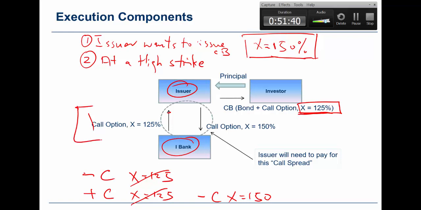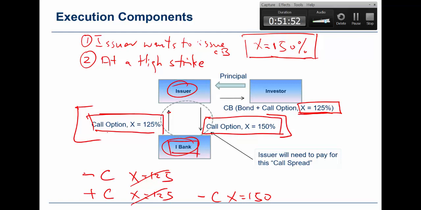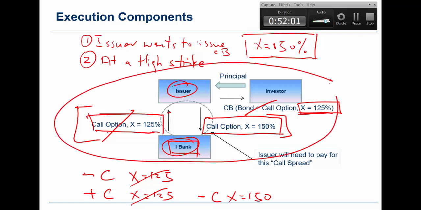And the call spread is this one here, where you buy this option, but you sell this one, and you trade that with an investment bank. So when you look at the entire picture, when you add everything up, this one will offset this one. So when you look at the whole package, it would be as if you have issued a CB with a conversion at 150. Okay, that's the call spread.